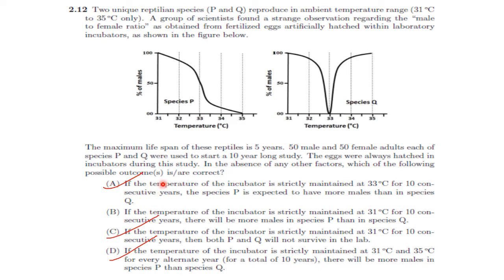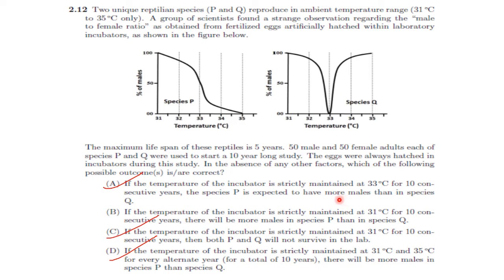First one, if the temperature of the incubator is strictly maintained at 33 degrees Celsius for 10 consecutive years, the species P is expected to have more males than in species Q. Okay, so if the temperature of the incubator is strictly maintained at 33 degrees Celsius for 10 consecutive years, the species P is expected to have more males than species Q. Yes, why?